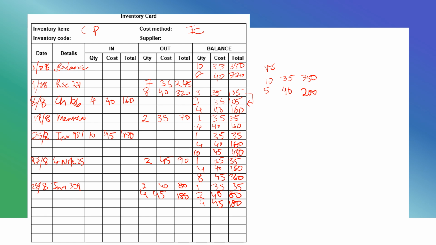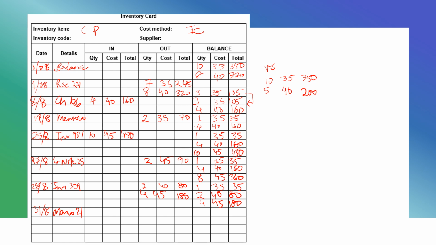Okay, last but not the least, physical count revealed 4 cans of paint on hand. Identified 1 at 35, 2 at 45 was missing. So now I'm going to have that memo 21, the physical count.